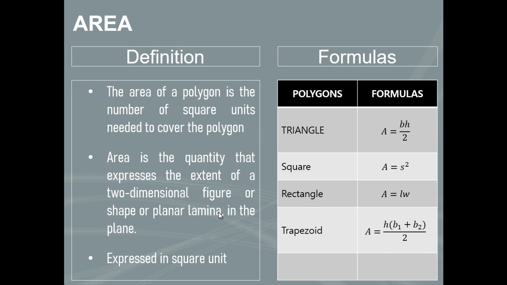So, most of the polygons that we will encounter when we study math are the triangle, square, rectangle, and trapezoid. But at this moment, we are going to focus only on square and rectangle. In the next levels in high school, you are going to encounter the triangle, the quadrilateral, and the trapezoid will be taken up too.